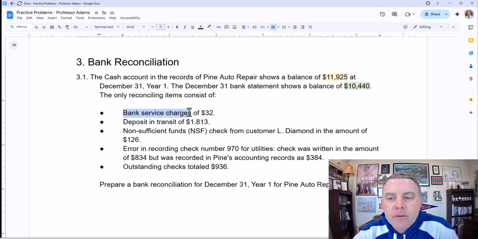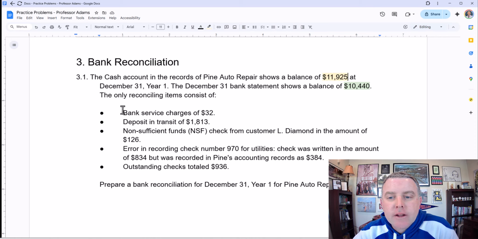But the only way for Pine Auto to learn about this service charge is by reviewing the bank's statement. Pine Auto Repairs does not know about this.